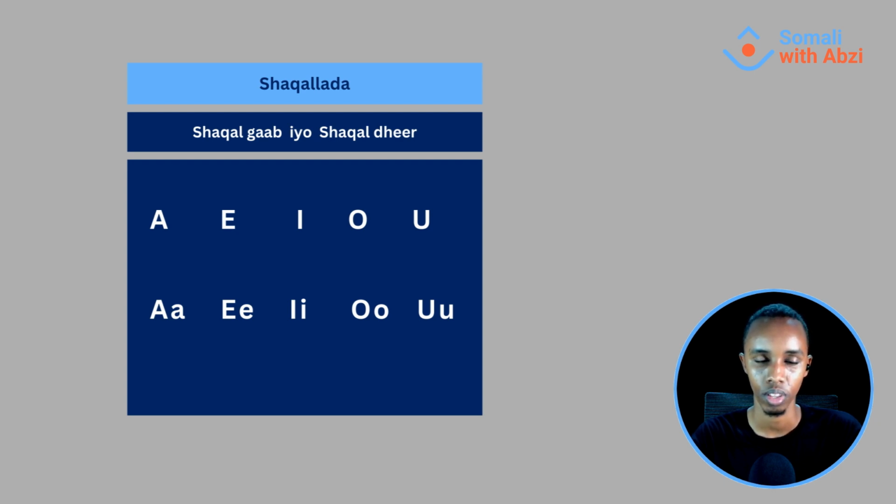A, E, I, O, U. So that's very easy. The single vowels A, E, I, O, U. The double vowels are long: aa, ee, ii, oo, uu.